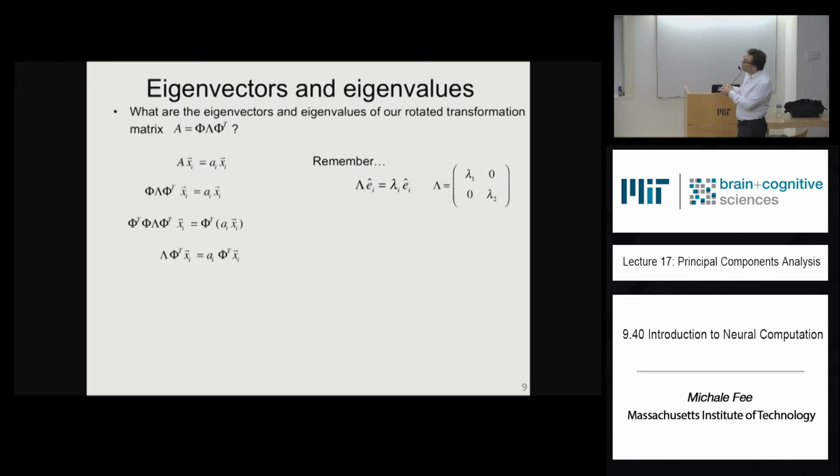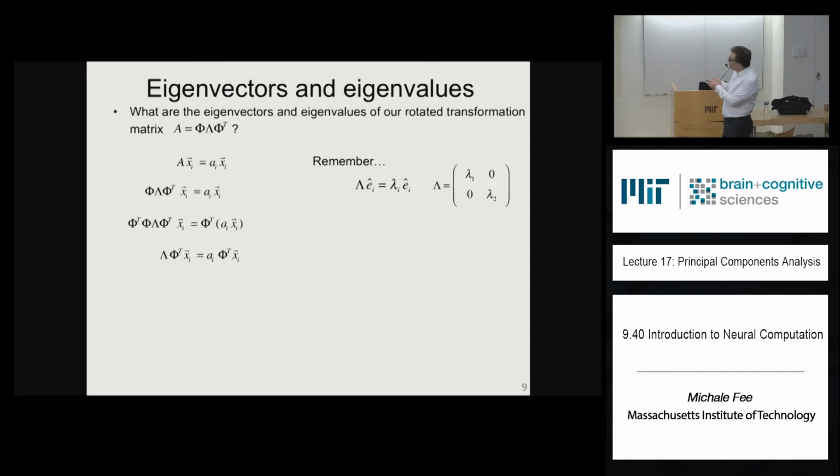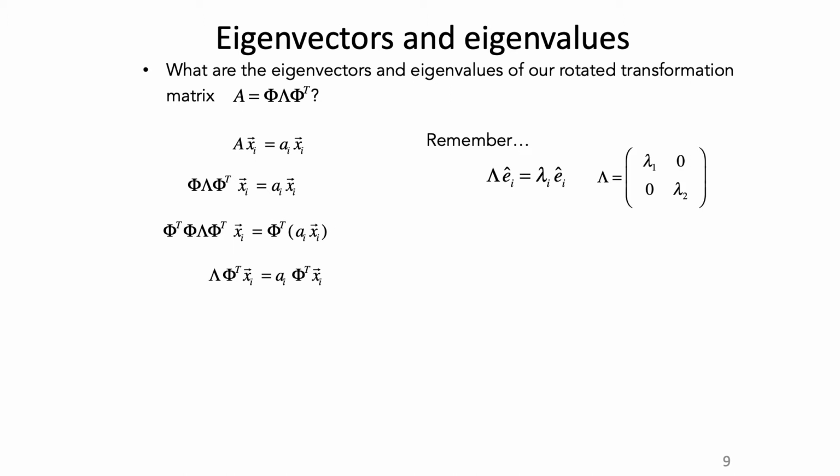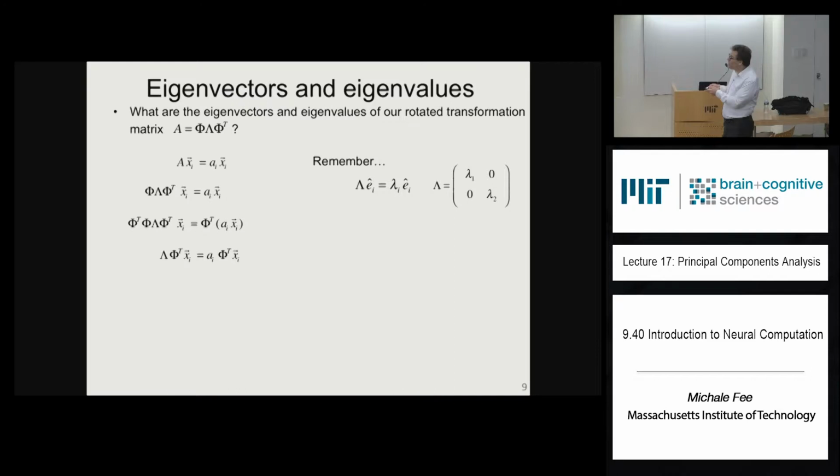If we look at this equation here and this equation here, it seems like phi transpose x is an eigenvector of this equation as long as phi transpose x is equal to one of the standard basis vectors.